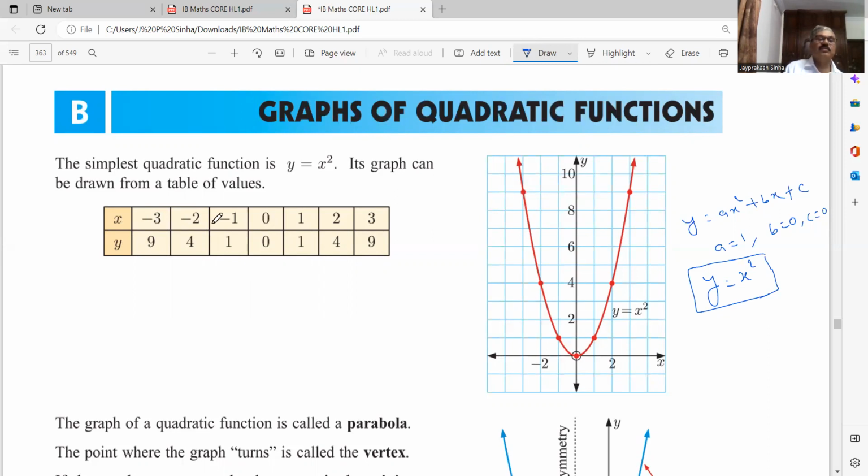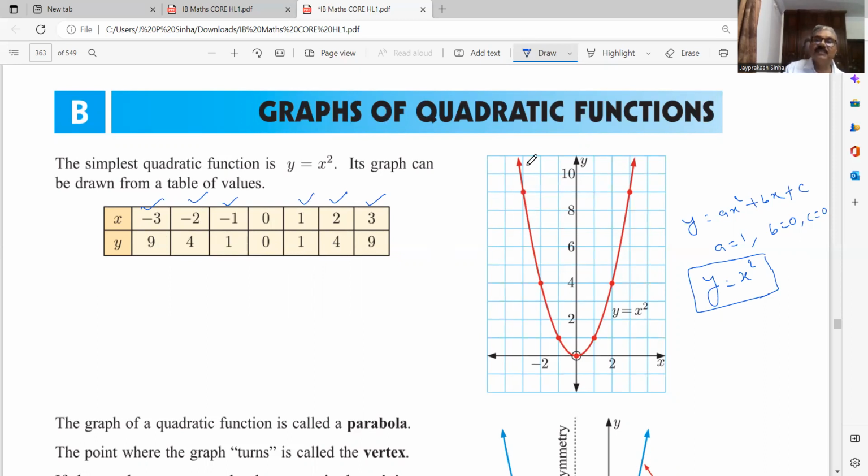When you are taking x is equal to -1, then y is equal to 1. For -3 and +3, you are getting the same value for y. For -2 and +2, the same value for y. For -1 and 1, the same value for y.